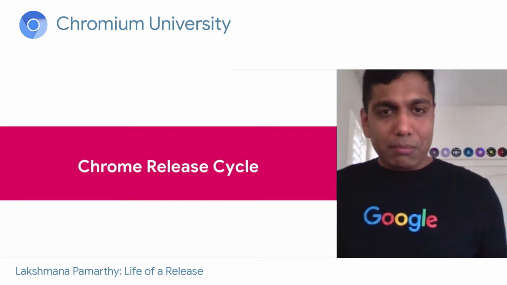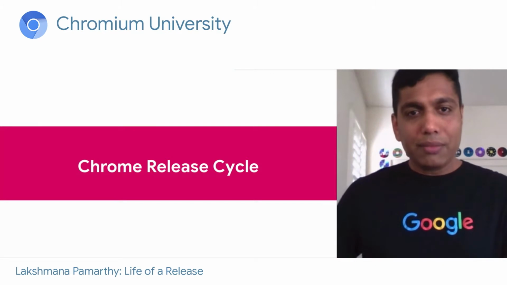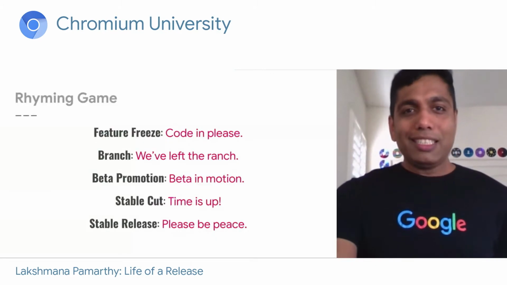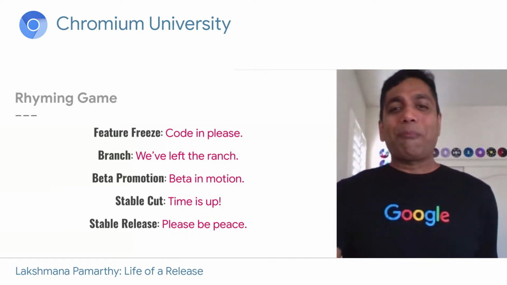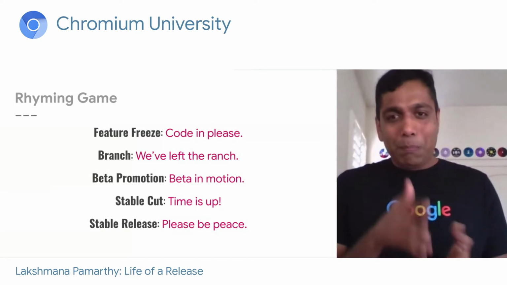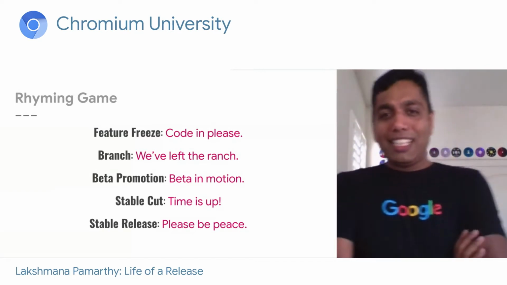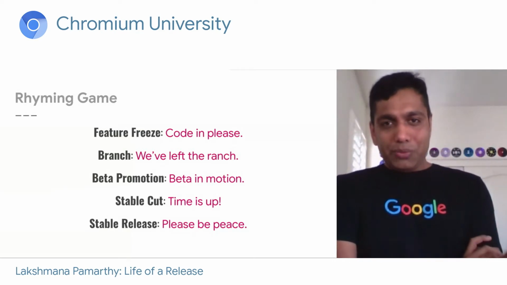So let me jump into the first half, which is our release cycle half. Here is a rhyming game we always put together for this presentation, which is kind of funny. We have what we call five major milestone points in our release cycle. We call the first one feature freeze.